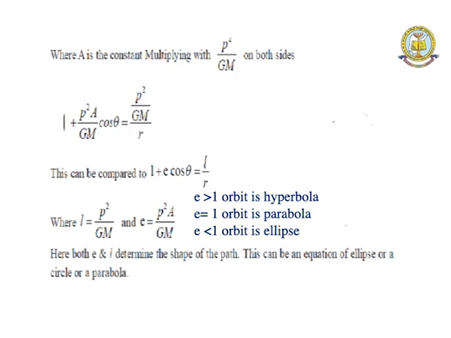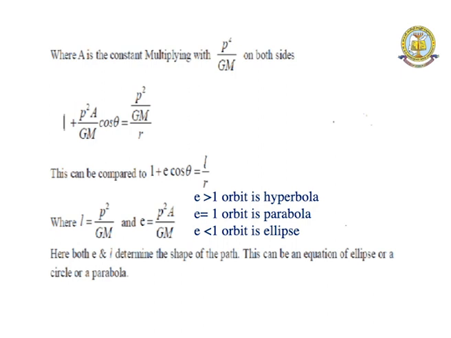Here A is the constant. Multiplying both sides by p square by GM, we get 1 plus p square A by GM into cos theta is equal to p square by GM by r.